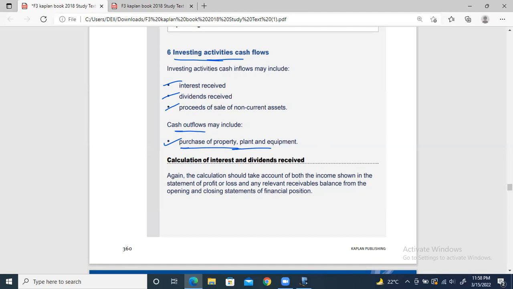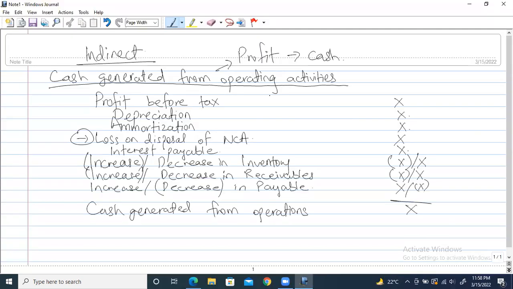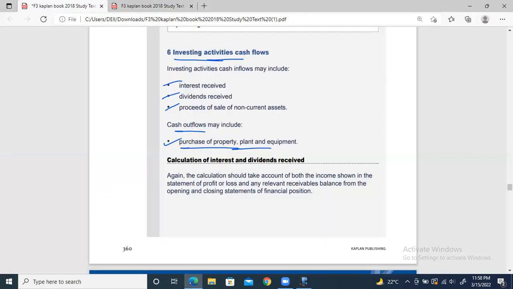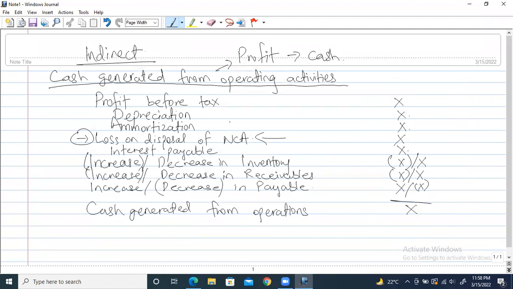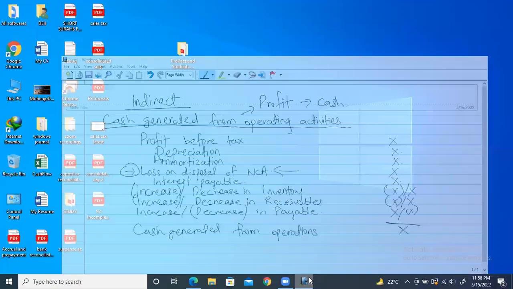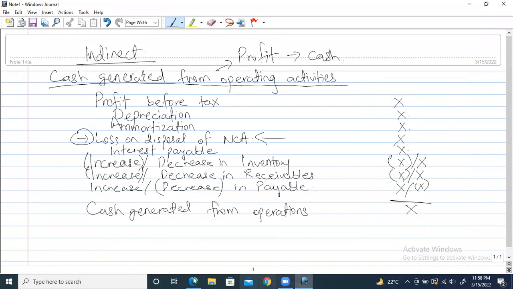That's why I included it over there, which was basically the journey from profit to cash. Loss on disposal of a non-current asset, although it is related to this, it is very much similar. But the thing is that we have to consider the things that were minus from the profit in arriving. But proceeds do not come under profit. So that's why we have to consider them separately over here.